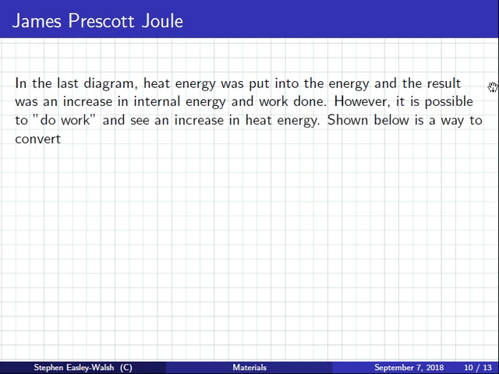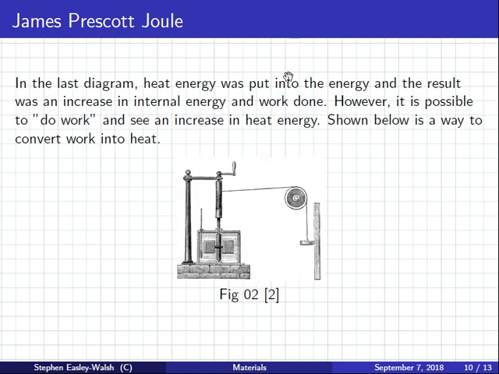Yes, he did this, and I'll show you the way he did it. Very old experiment. I've got a picture here. This here is a thermometer. What does a thermometer measure? Temperature. This here is a weight.